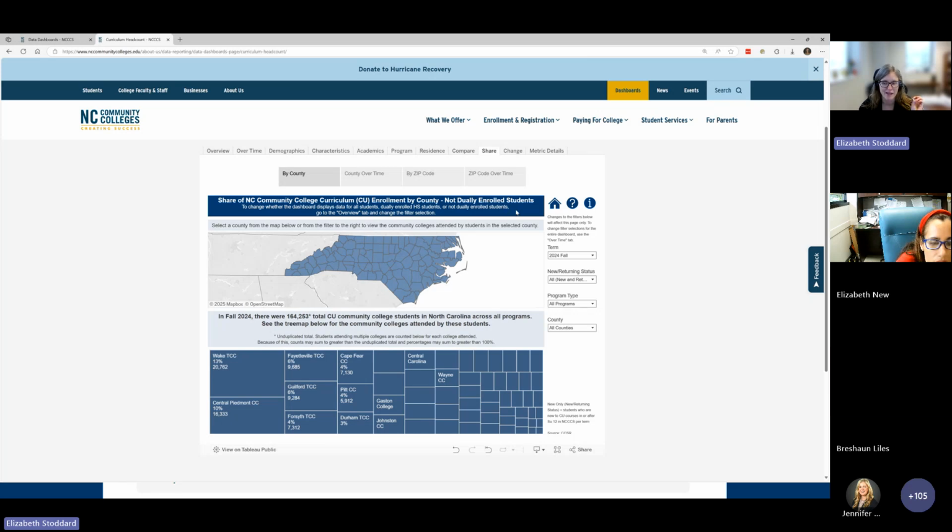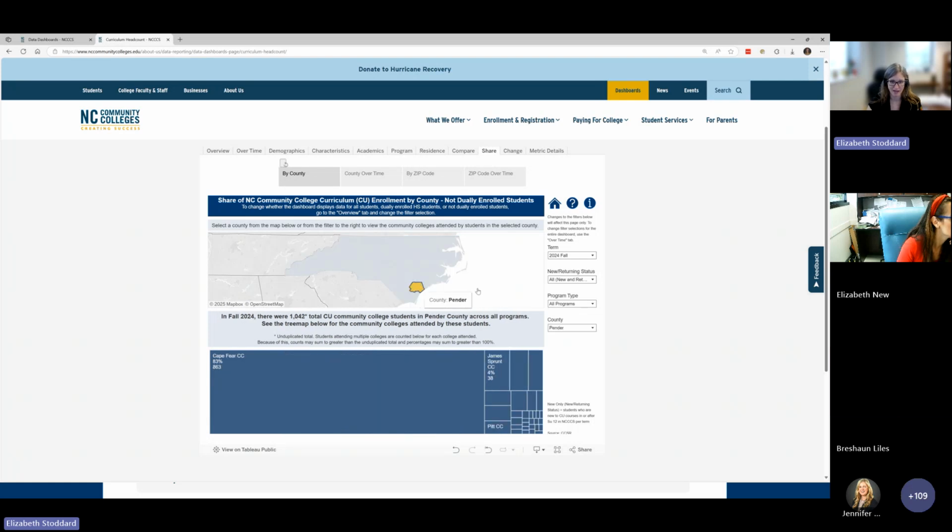This one is going to tell us, we can pick a county from this map at the top, and it tells us of all of the students who go to a community college who reside in that county, which colleges are they going to? So still thinking about Cape Fear here, let's select Pender County, which is one of their service area counties.